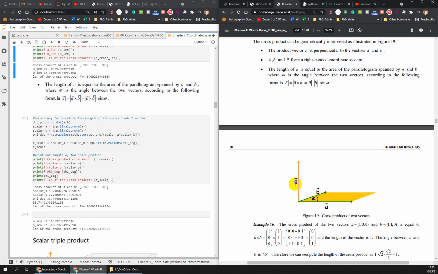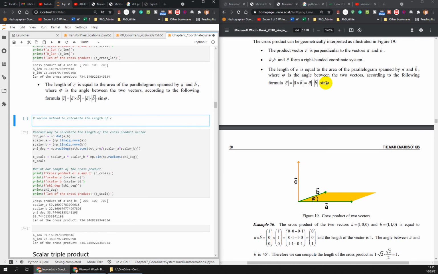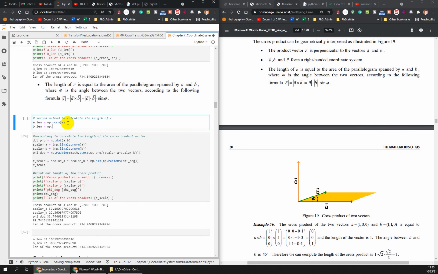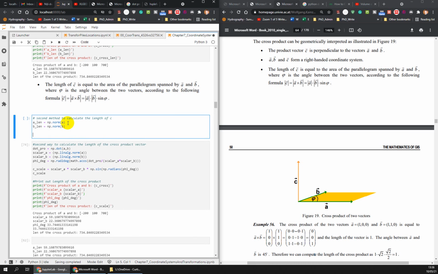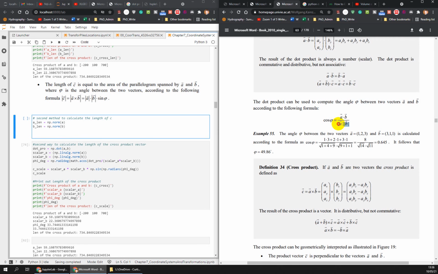To determine the length of C by this method, we need the length of A, the length of B, and also the angle between A and B, then take the product of the lengths and the sine of the angle between A and B. So let's try this second method to calculate the length of C. Firstly we need to determine the length of A. A length is just the norm of A, and B length is just the norm of B. But to determine the angle, we need to come back to this formula: we need to define the dot product and then divide it by the lengths of A and B. The dot product is just numpy.dot of A and B.